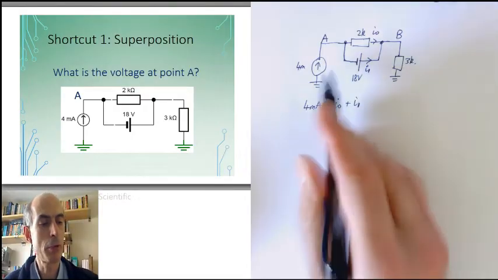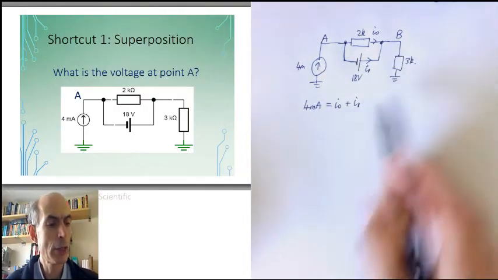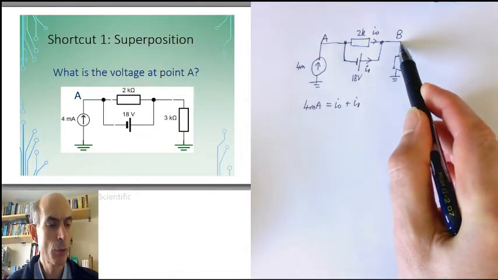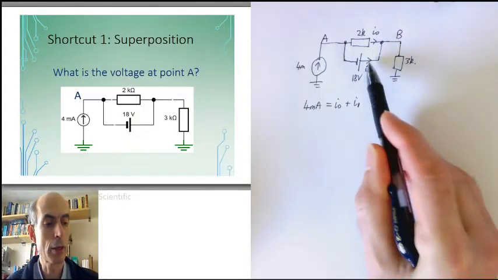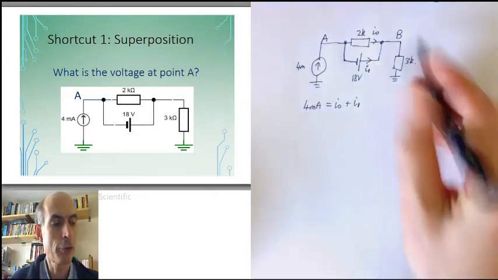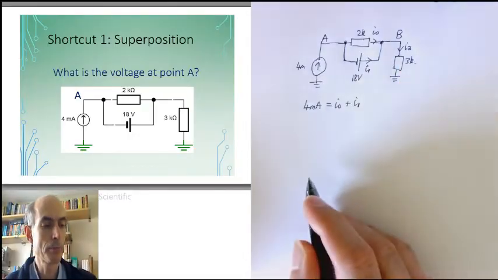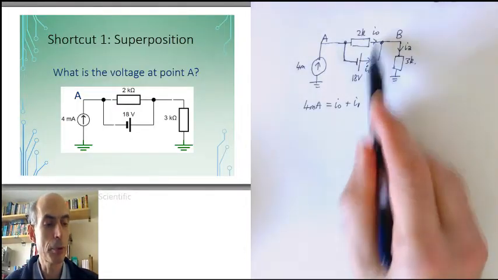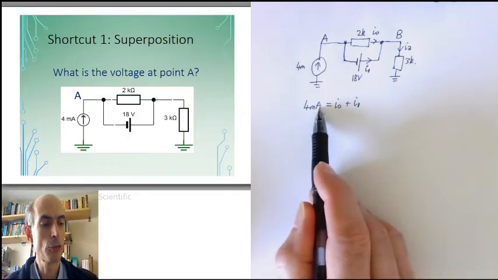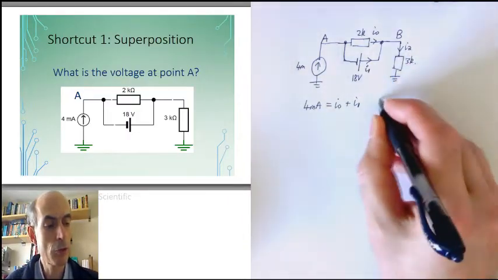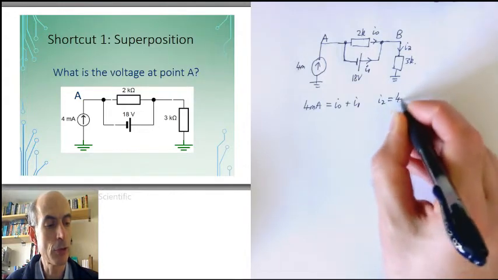Their sum must be 4 milliamps. And I need to apply Kirchhoff's current law to this node, node B, which will tell me that I0 plus I1 is the current flowing down through the 3K resistor, which I'll call I2. But I know that I0 plus I1 is 4 milliamps, so I2 must be 4 milliamps, so I2 is 4 milliamps I can write directly.